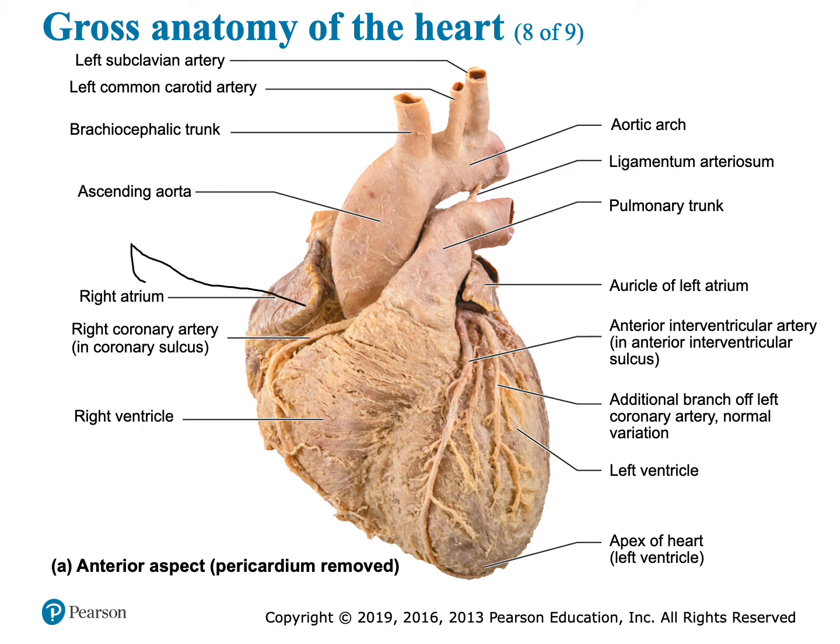Right here, right here. And he's going to be giving blood supply to the heart. Then it's going to come up and do some more branching with the brachiocephalic trunk, the left common carotid, and the left subclavian artery. This guy's going to branch too. We're going to do a lot of branching.